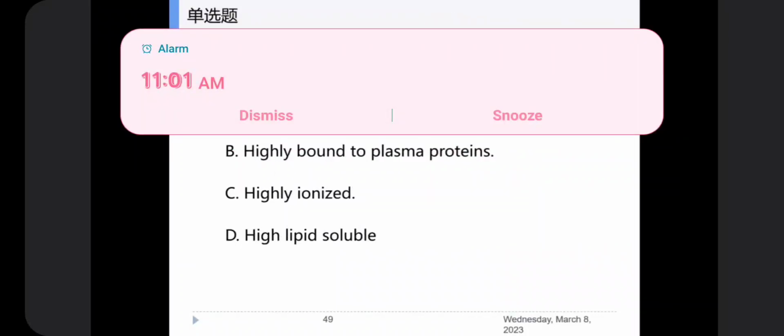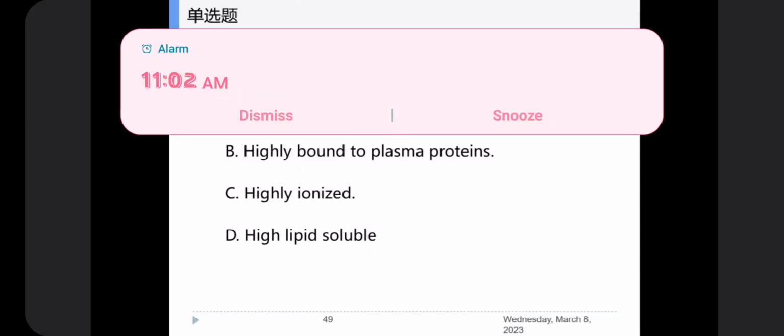Okay, second one. Bioavailability of a drug is maximal when the drug is... Okay, choose one. Okay, no doubt.